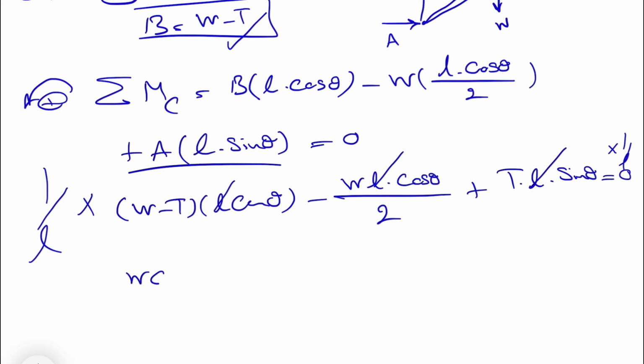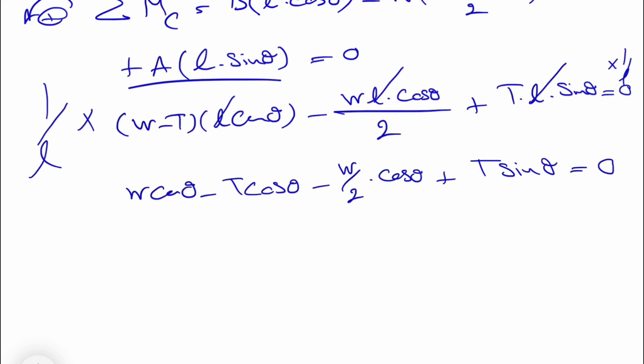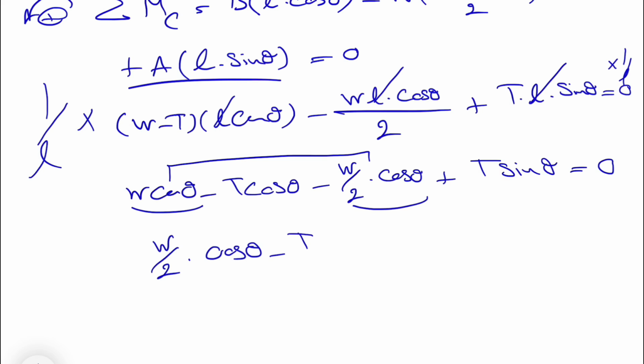So we have W cosine of theta minus T cosine of theta minus W divided by 2 cosine of theta plus T sine of theta equals 0. Let's see what we can do here. We have W cosine of theta minus half of W cosine of theta, which means W divided by 2 cosine of theta, minus T cosine of theta plus T sine of theta equals 0.